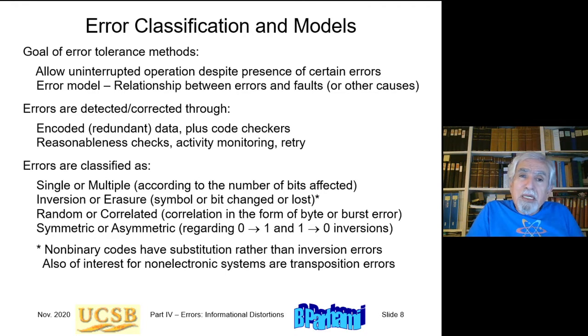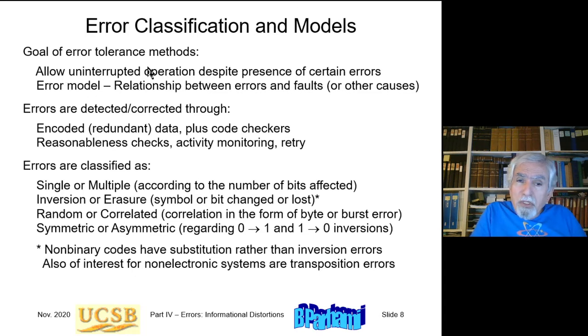Okay, in order to discuss errors, we need to classify them into categories and have models for them. Models are basically schemes that allow us to deduce how these errors can occur based on physical properties of our information processing system.